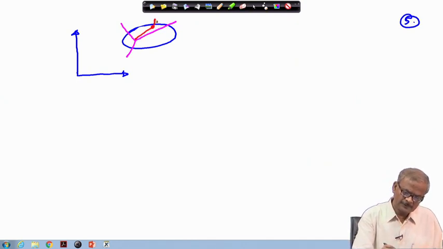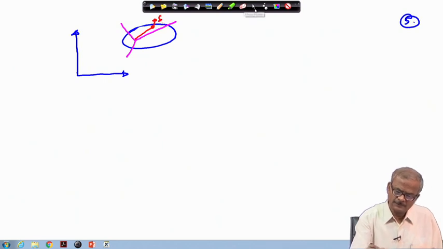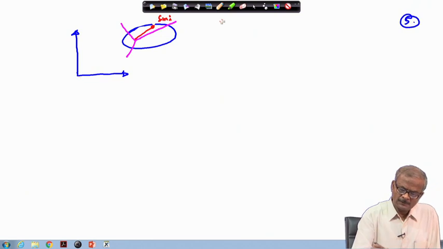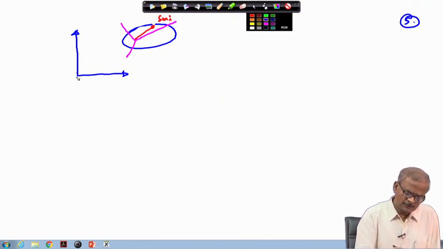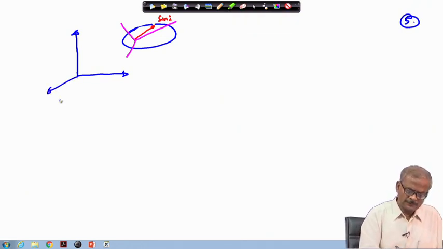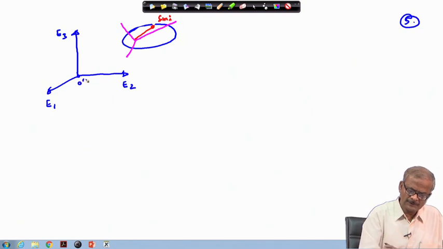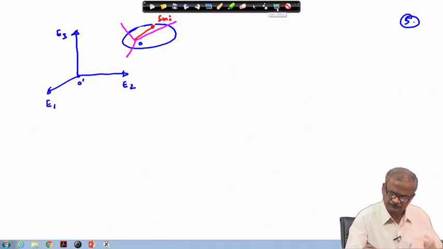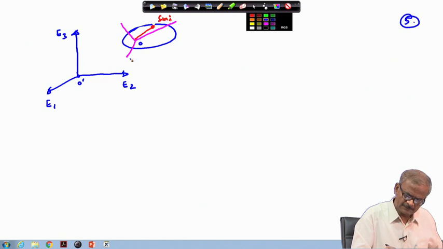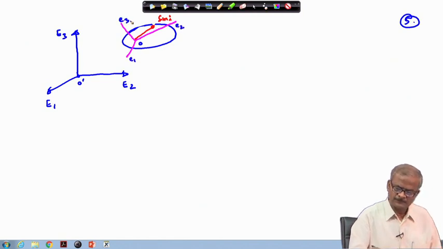Now, let us consider this is a mass, delta m I. This frame we will write as E 1, E 2, E 3, this is a point O prime, this is point O, and this we will write as e 1, e 2, e 3.